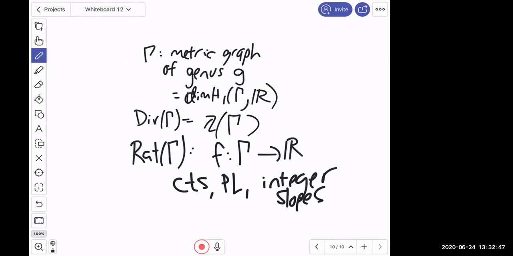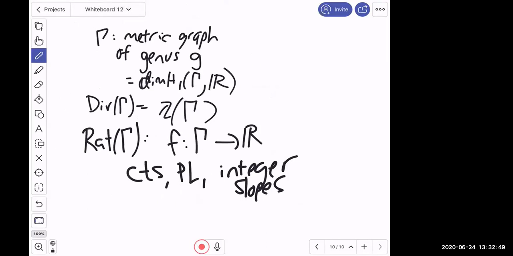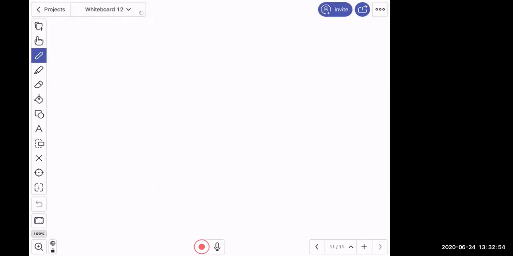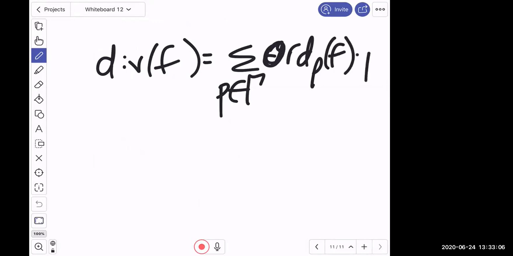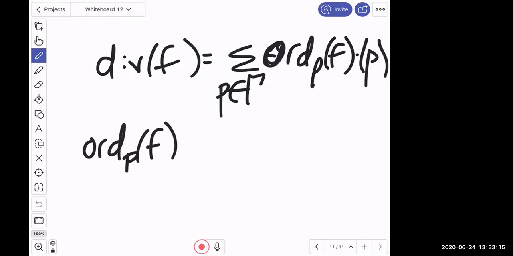And to such a function, one can associate a divisor. The divisor of a rational function is the sum over all points of your metric graph of, maybe I'll write it as ord P of F times P, where what is the order? This is like taking the order of a rational function on a curve.